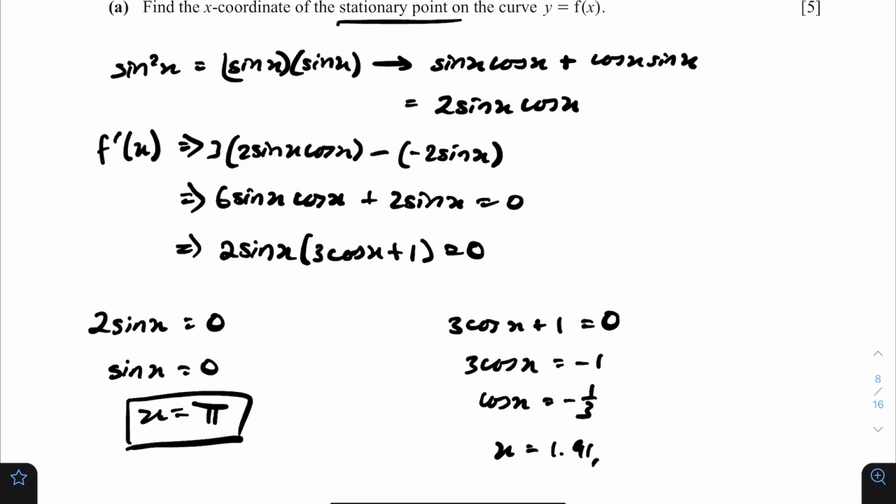The other solution is 2 pi minus 1.91, because cos is negative in the third and second quadrants. That gives 4.37. As you can see, all of these solutions are out of the domain, so none of them are valid. The only valid solution is x equals pi, and because they've said stationary point, not points, this confirms that x equals pi is the only solution.